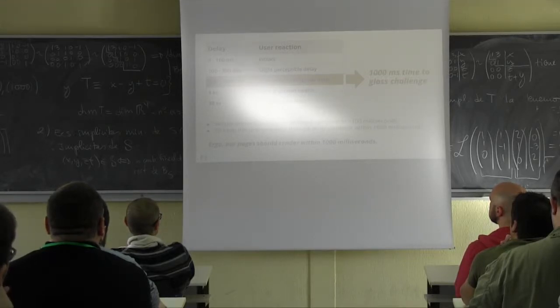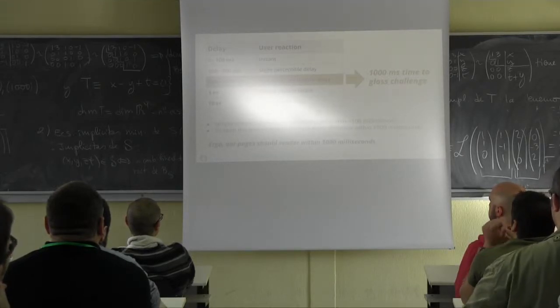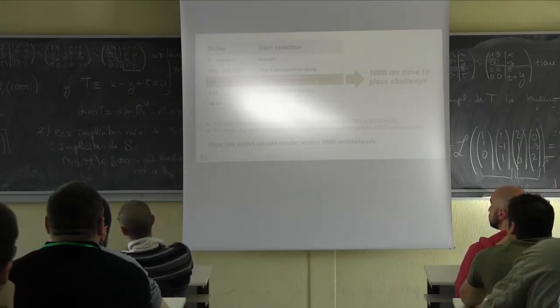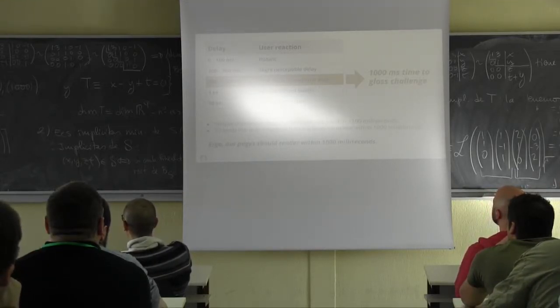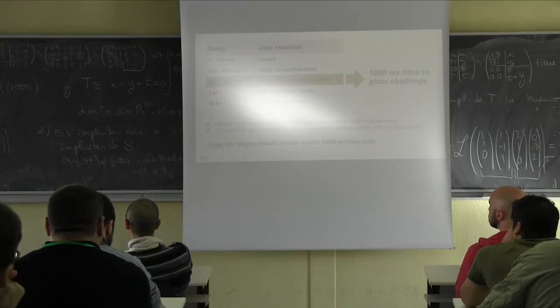There's a link at the bottom to a psychological study where they found that human focus tends to go away after about 1 second. If the user comes to your site and nothing happens within that 1 second, then the user's focus will switch, and they'll start to think about something else that they want to do.